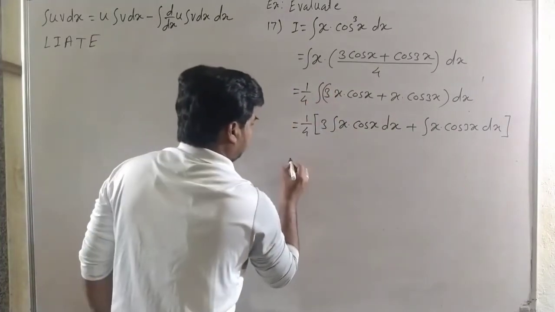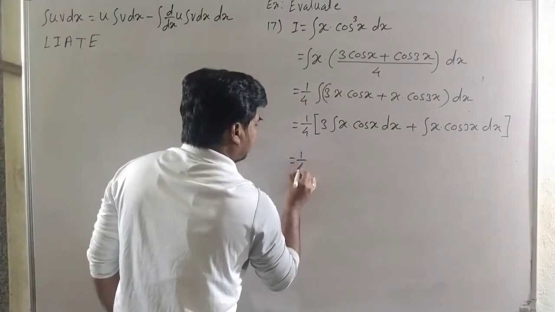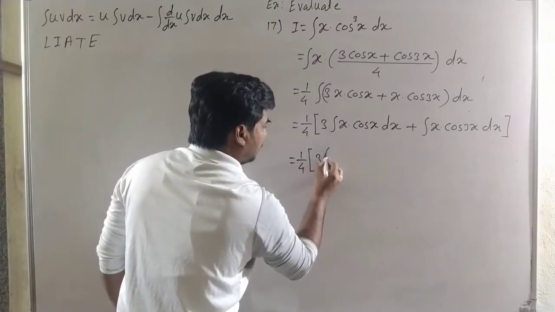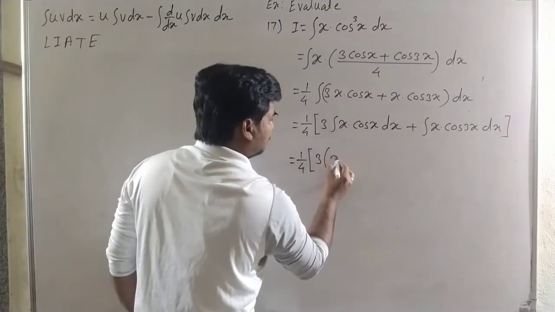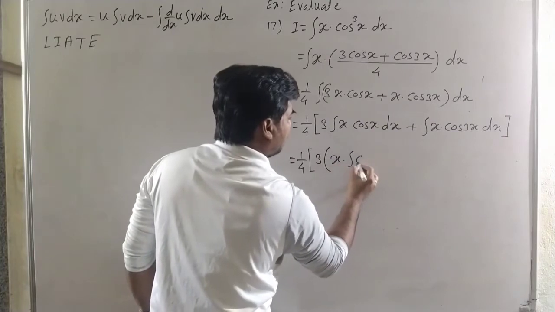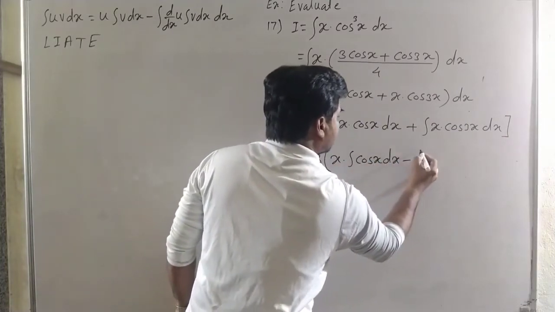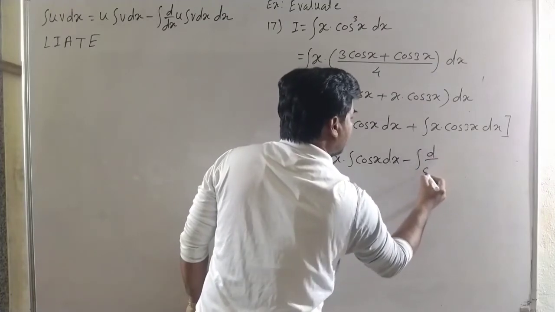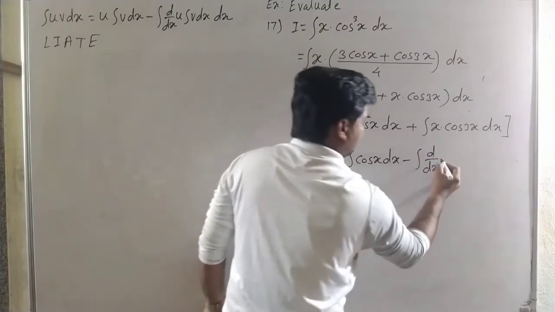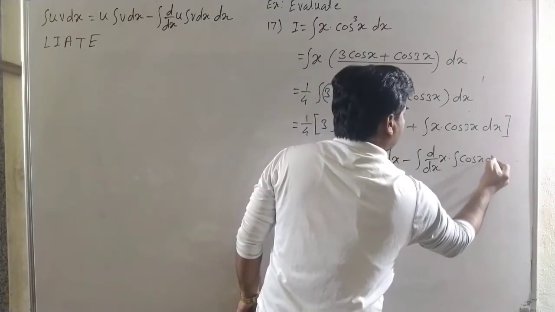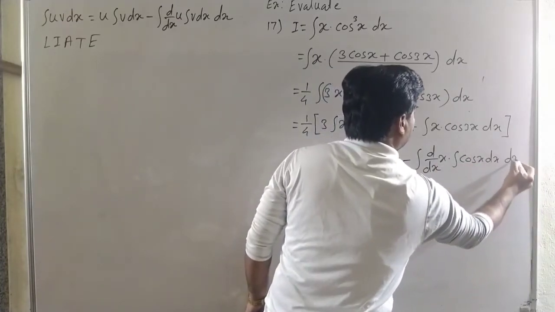See carefully this. It is 1/4 into 3 into, u into integral of v minus integral of derivative of u into integral of v, dx.